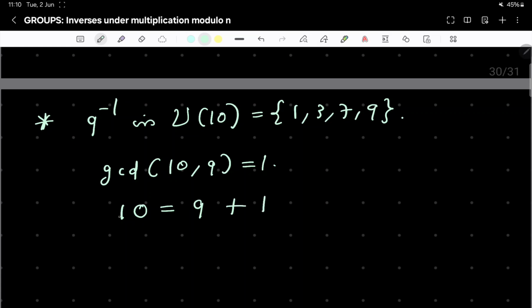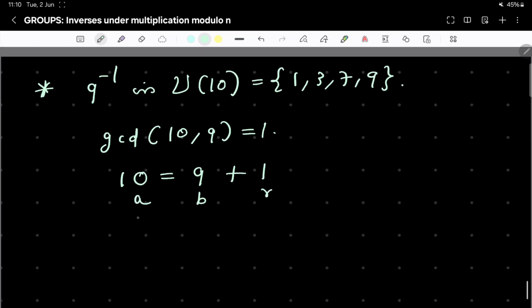So 10 is equal to 9 plus 1. So this is your A, this is your B, this is the remainder. If you proceed with the division algorithm, 9 is written as 1 times 9 plus 0. So 1 divides 9 nine times, right? So the GCD is 1.